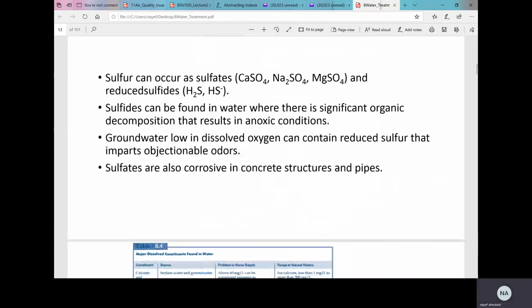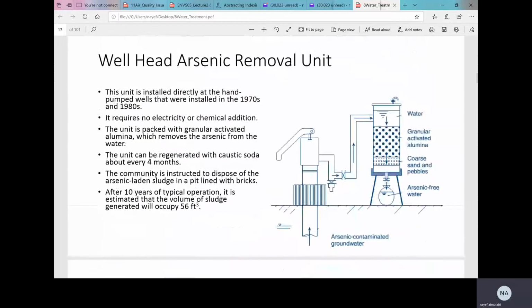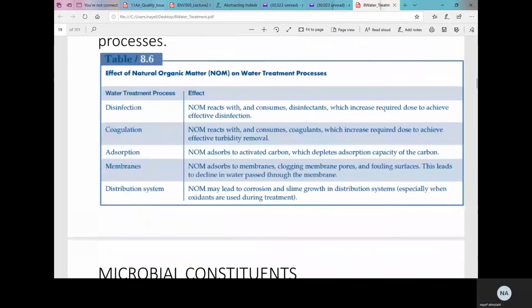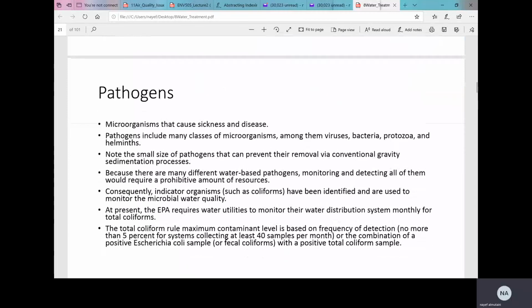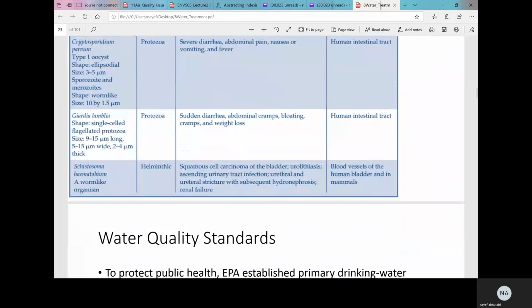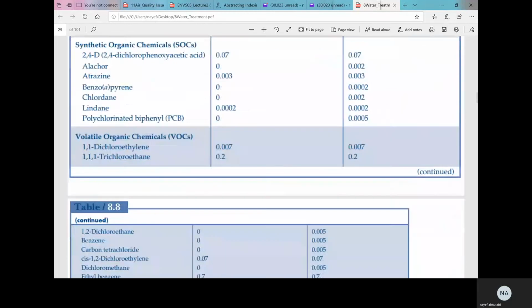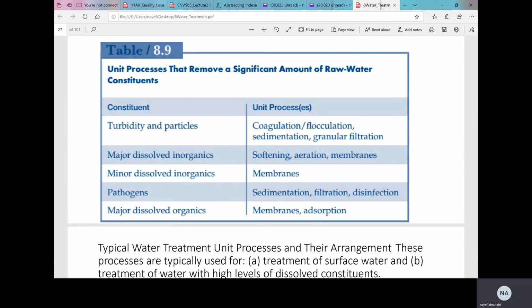So let's go ahead and look for more important things for the chapter here. Pathogens. Okay, these are the units, the processes that remove a significant amount of raw water constituents.